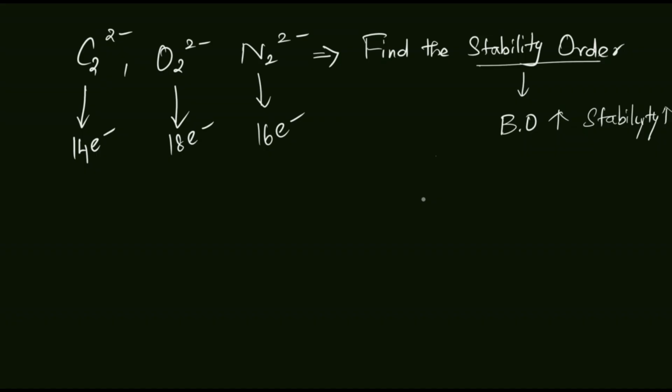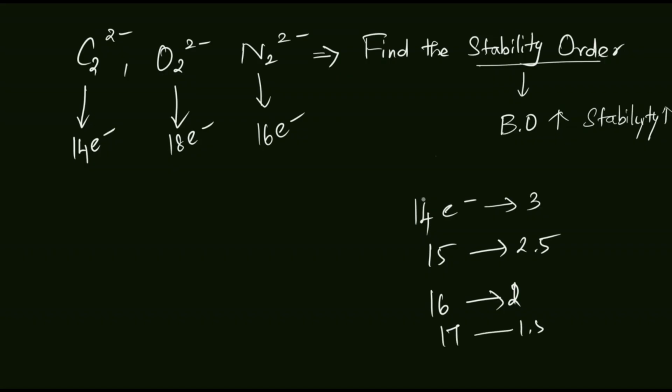So just find out the bond order of this, or else, by practice, you must know about this, but I'm giving you the values as well. For the 14 electron system, the bond order is 3, for 15 it is 2.5. We are going to see one question on that as well. For 16 it is 2, for 17 it is 1.5, and for 18 it is 1.